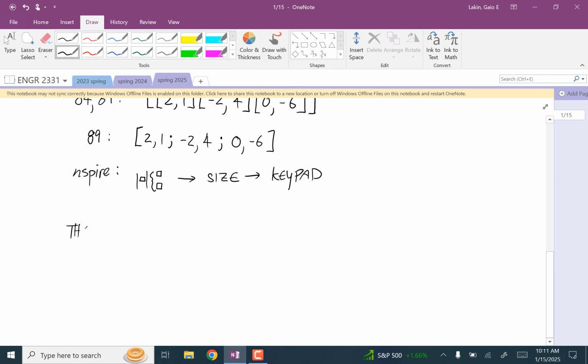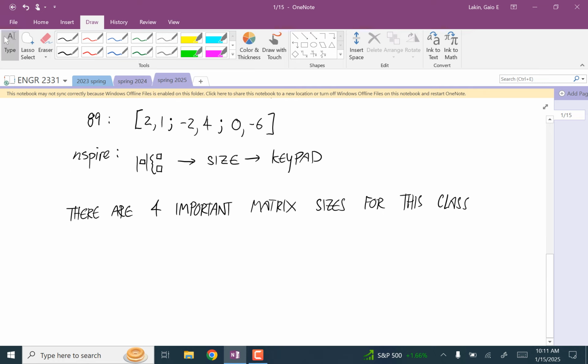So there are 4 important matrix sizes for this class. The first one is a 3x1 matrix, and that's going to represent vectors in 3D.